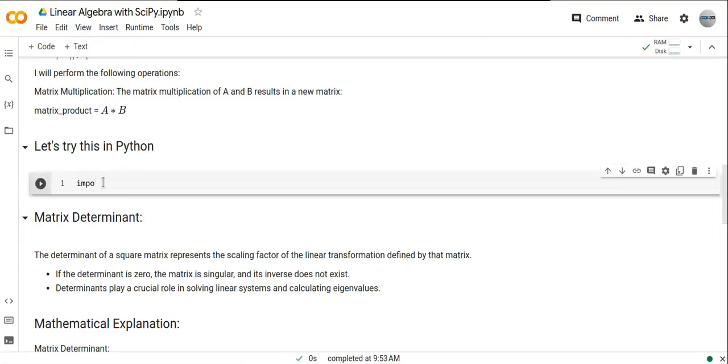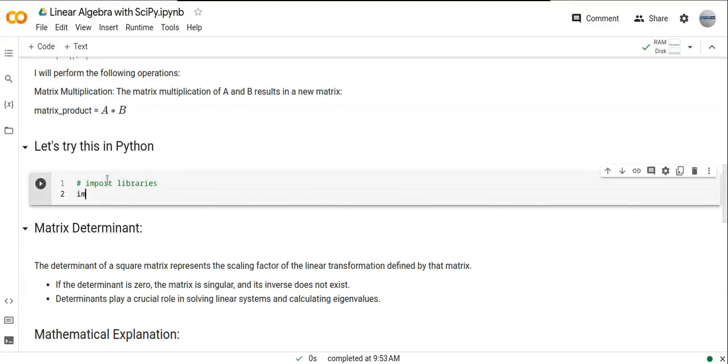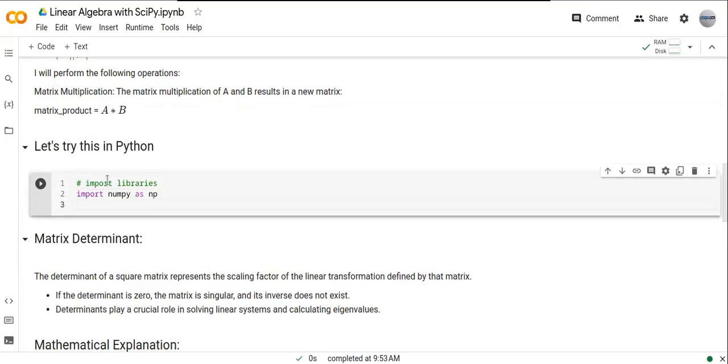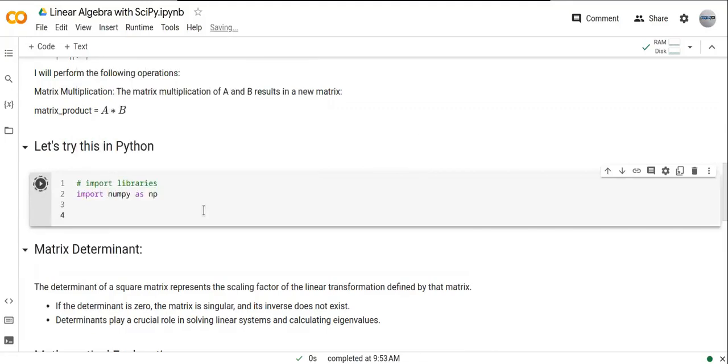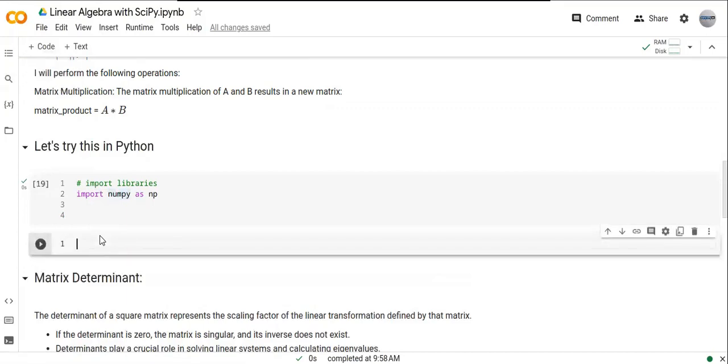First of all, we have to import libraries: import NumPy as np. Once we import the NumPy library, we can perform this using NumPy only, because NumPy supports matrix multiplication. Now let's create two matrices.